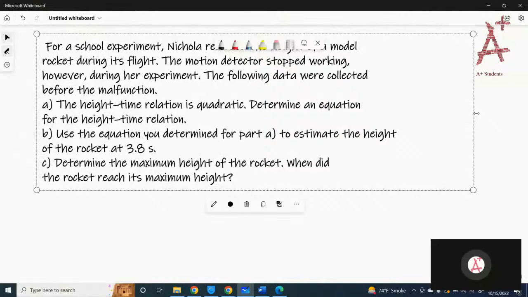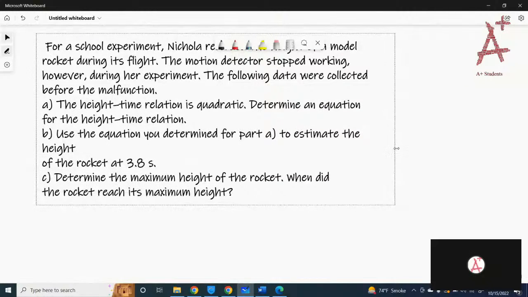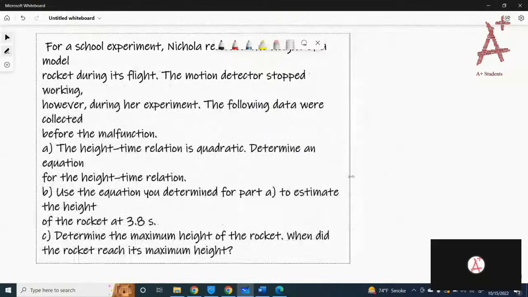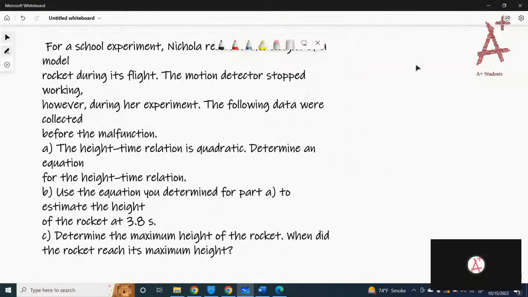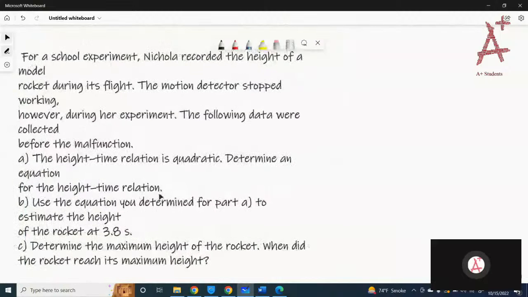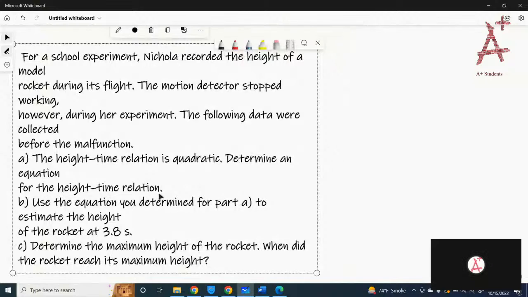For the school experiment, the height-time relation is quadratic. Determine an equation. We are given the table.